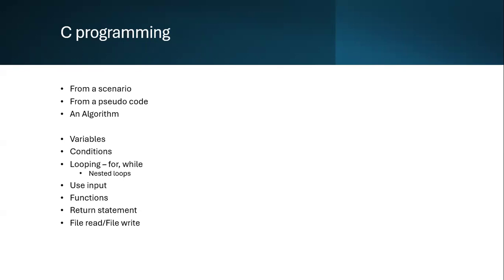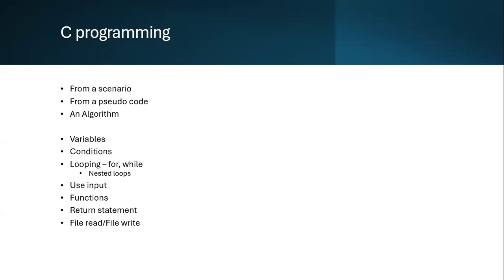In industry, we call that user stories, right? There could be some user story points. So a scenario is given for you, then in the question paper it might ask you to write a C program for this scenario.